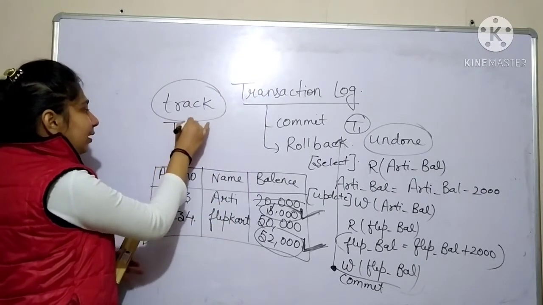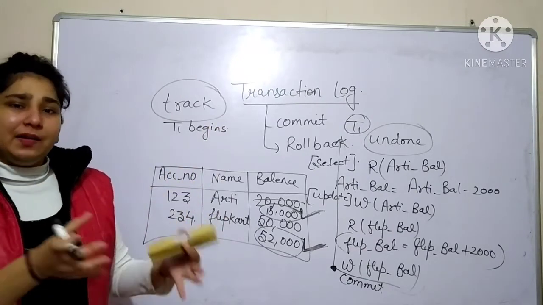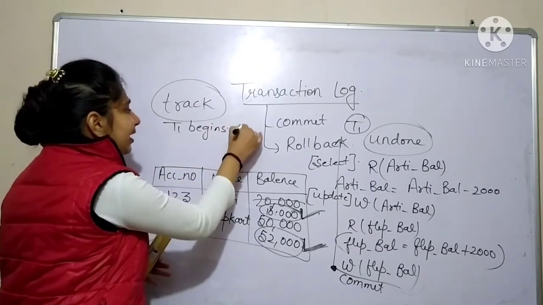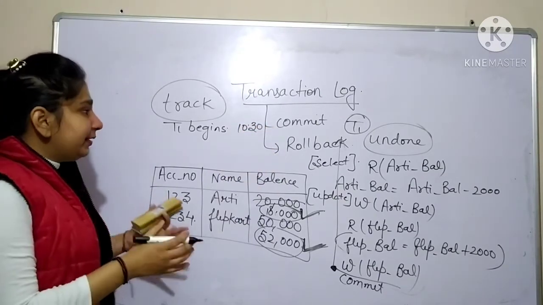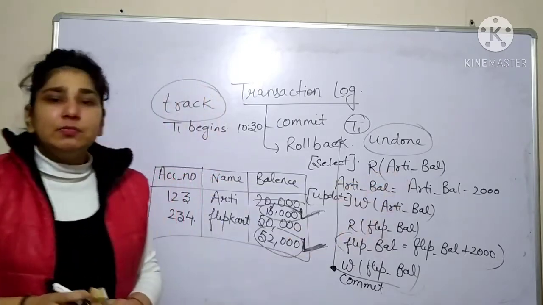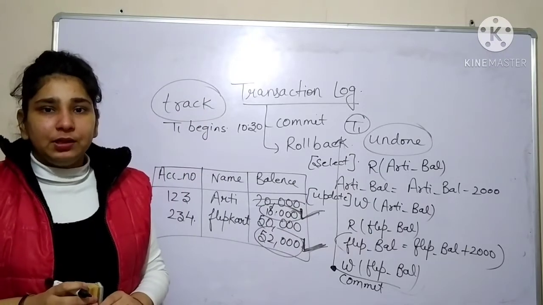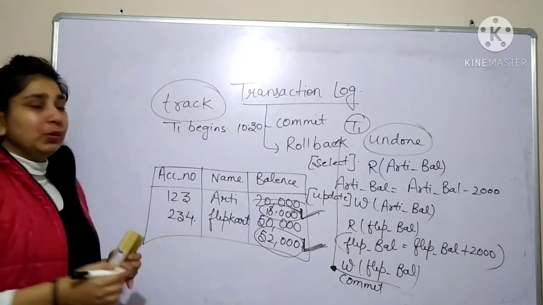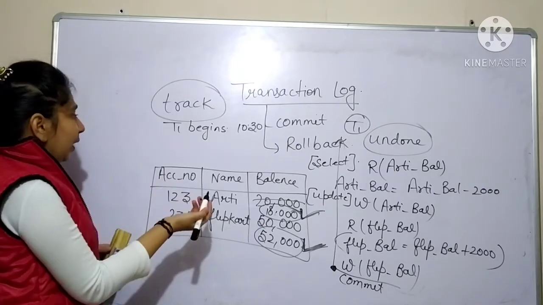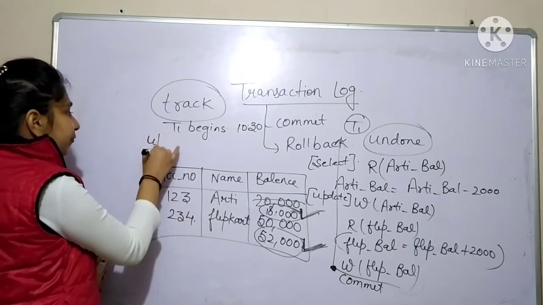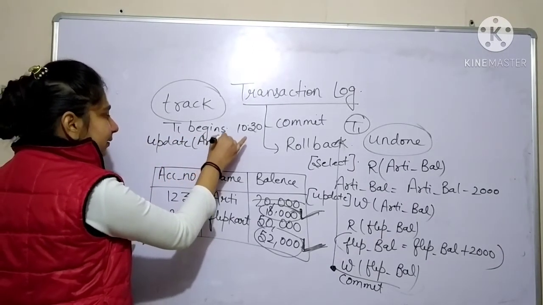Then T1 begins. At what time did you start executing the transaction? Let's suppose 10:30. Then later we read the balance amount and we updated the balance amount. You will get to know that we updated this value. We performed an update operation on RT's balance.